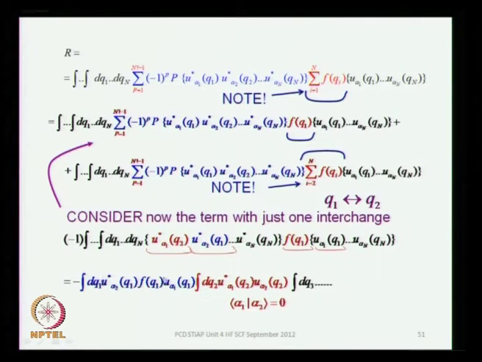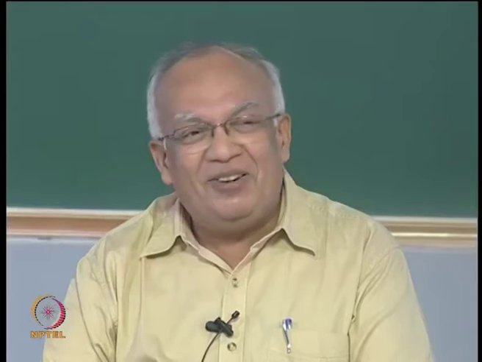So, it does not matter what is the value of this integral, you are going to take some number and multiply it by 0. The result is 0 even in atomic physics, right. You cannot help it, right. Now, the same thing is going to happen to the remaining terms. Okay.